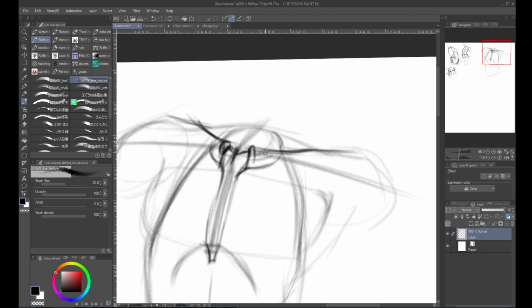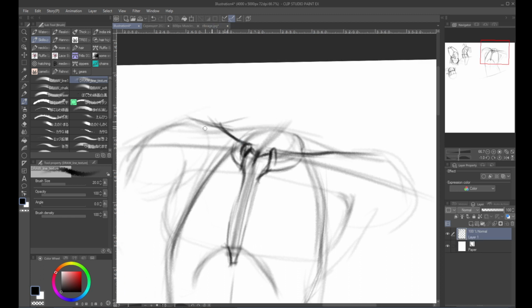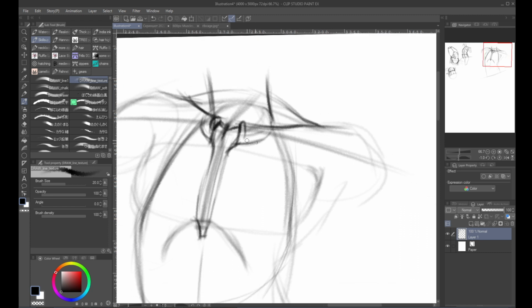Of course, when I'm drawing my own stuff, I don't necessarily draw every anatomical part, but for the purposes of understanding, it's pretty useful to have clavicles, manubrium, and sternum.